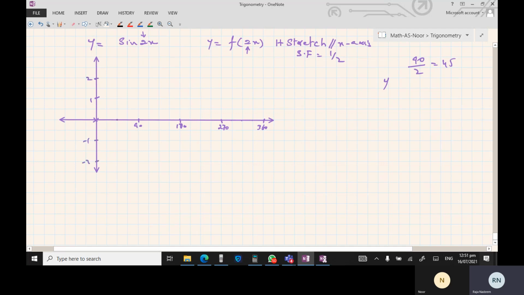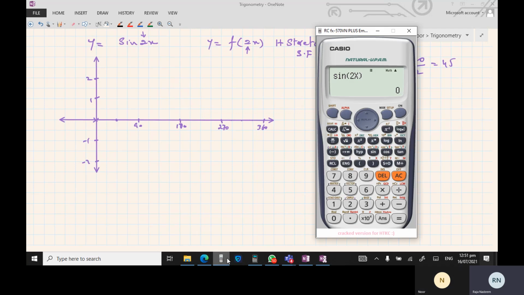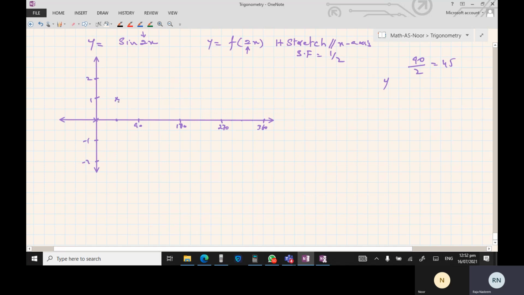0 for 0. Now I need to find the angle lying between 0 and 90. That would be 45. So on the calculator, I'll again press the calculate button, then write 45, and when you put the equal sign, you'll get 1. So at this 45, you place this point.